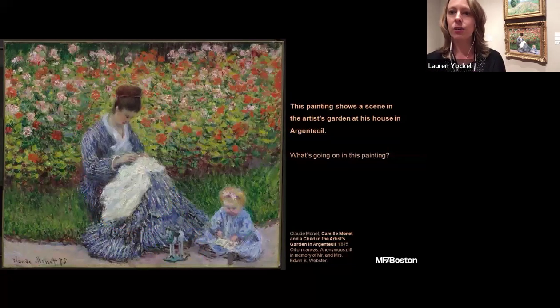And then we see a child here who's also looking down at their lap and has a little book. Somebody is also noticing the little bow in the child's hair. And then going back to that question I asked, of what we see that tells us what time of year it is? There are lots of flowers. Behind these two figures, they're sitting in the grass, but behind them we see lots of flowers.